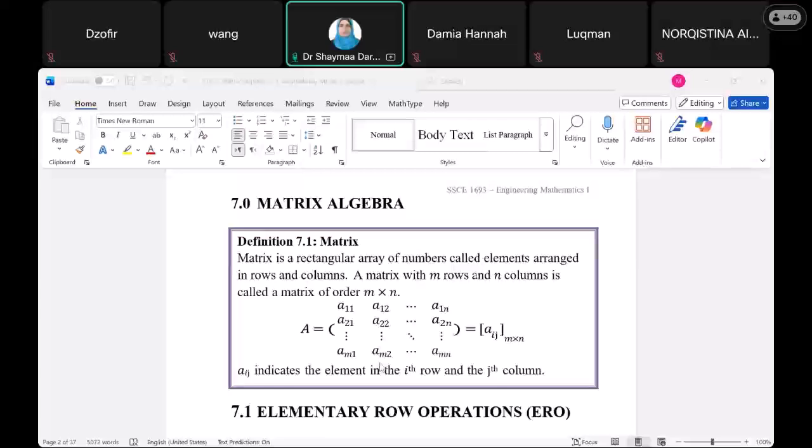So the first number represents the row number and the second number represents the column number. Then we can denote the matrix by aij, M times N, where aij is the element in the ith row, jth column, M is the number of rows and N is the number of columns.